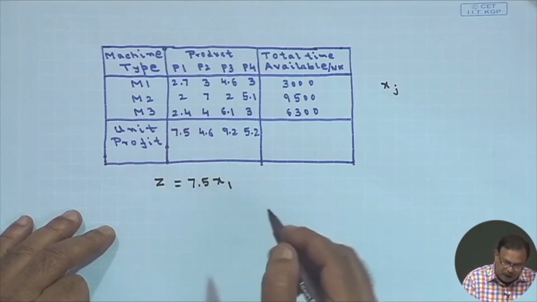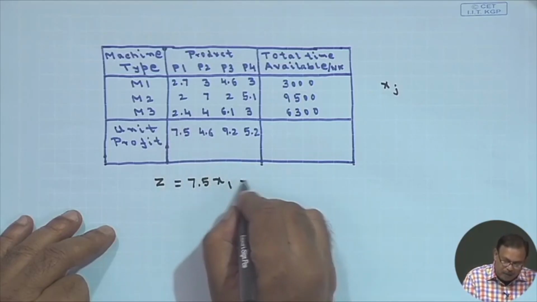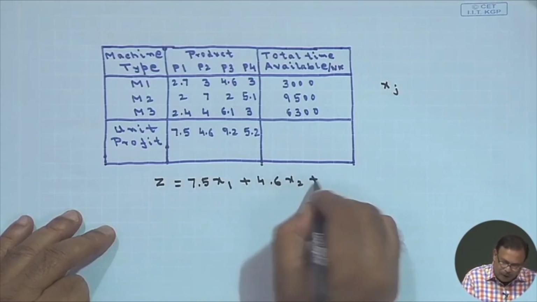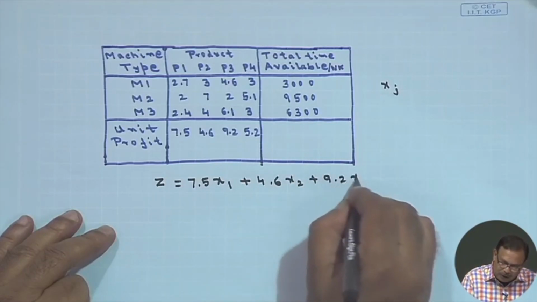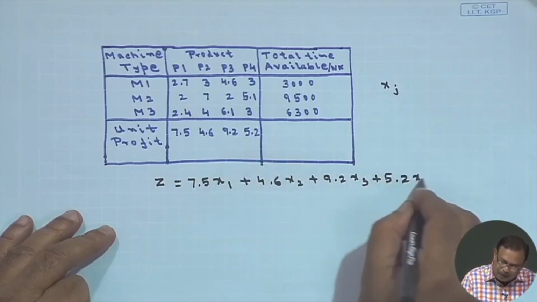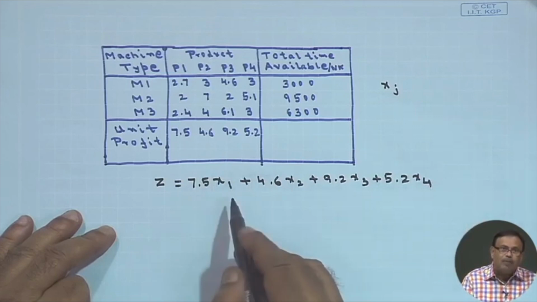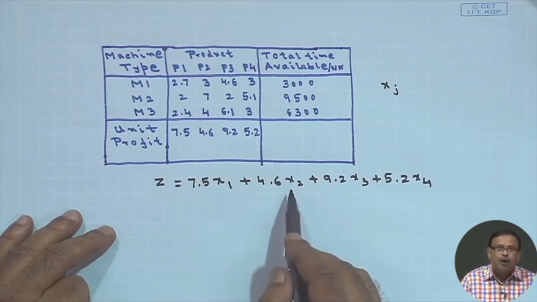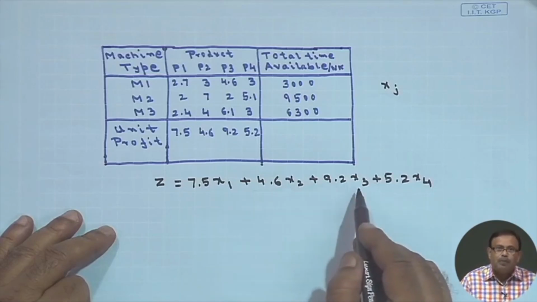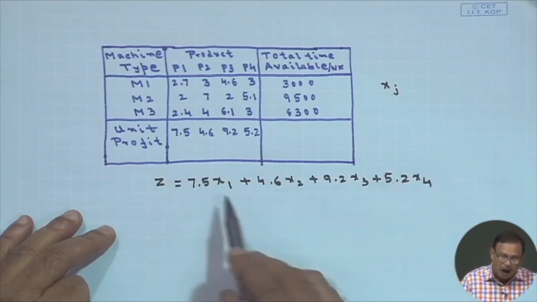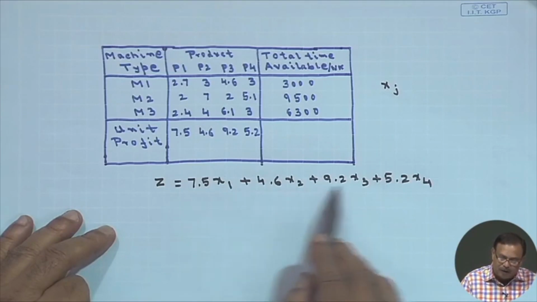So, z equals 7.5 x1 plus 4.6 x2 plus 9.2 x3 plus 5.2 x4. This is the actual profit if I am producing x1 quantity of P1, x2 quantity of P2, x3 quantity of P3, and so on, with their unit profits. I can find one objective function like this.